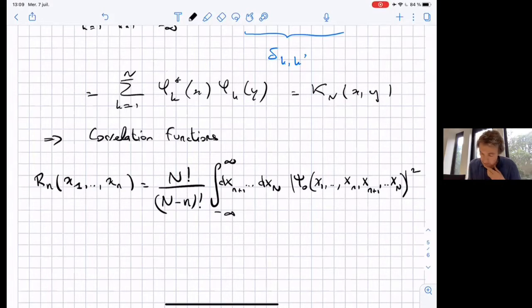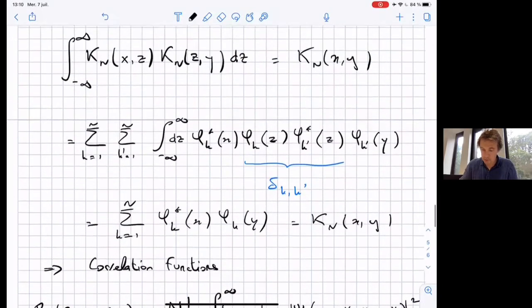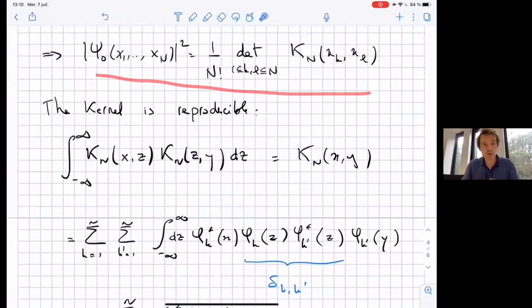Forget about that. So what is nice is that, so you see, initially you start with a determinant, which is this guy, and then you start to integrate out larger and larger numbers of particles. Okay, so the capital N correlation function is just this determinant, fine.